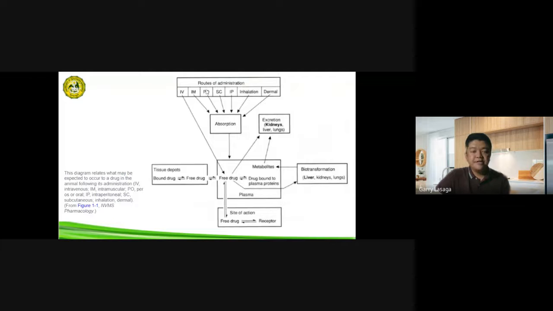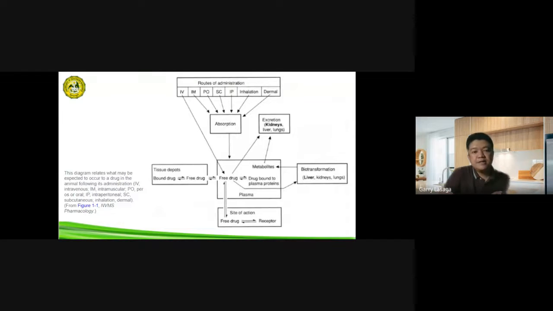Unlike, for example, when a drug is administered orally, it will first undergo the mouth before it will be transported into the stomach, and in the stomach it will undergo different processes for it to be absorbed, and it will still pass through the liver before it will reach the systemic circulation.